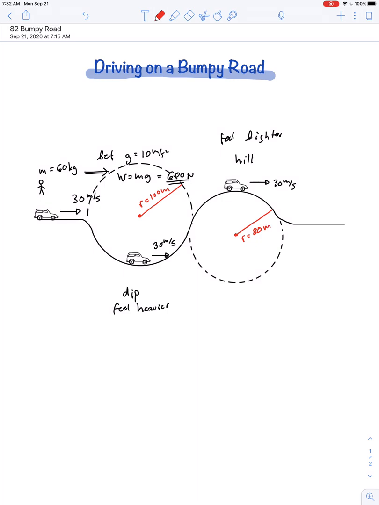Okay, so let's make a free body diagram for you inside the car when you're in this position. So let's see, gravity pulls down, mg, and as we know, that's 600 newtons. Now, there's a normal force pushing up, and you might be tempted to draw it just as big as mg going down, right?